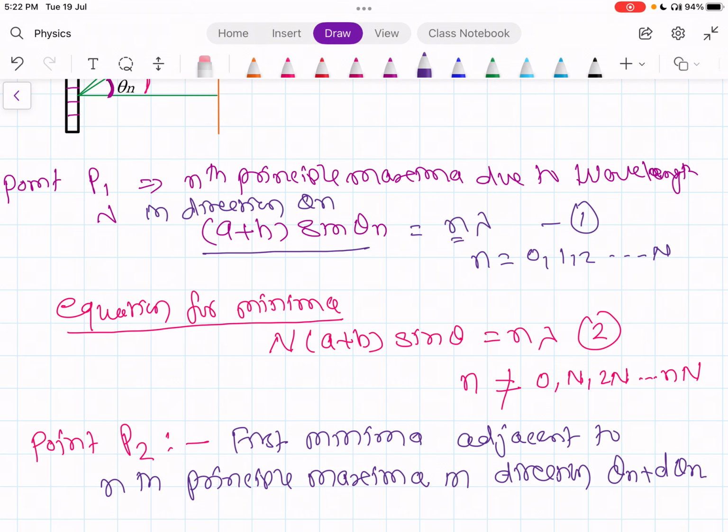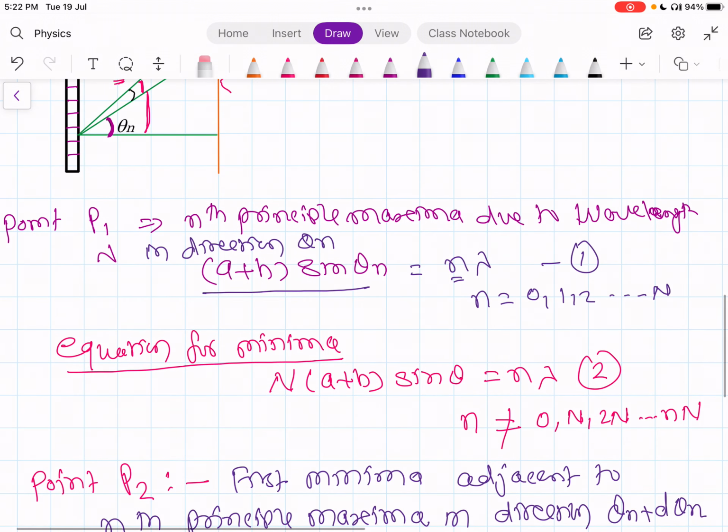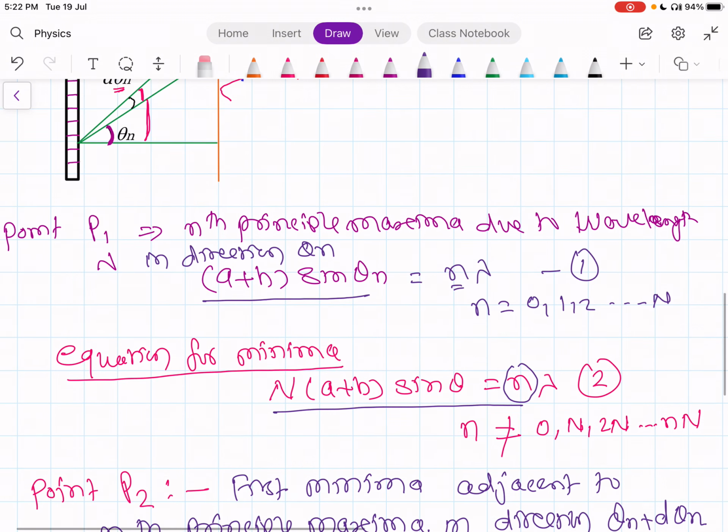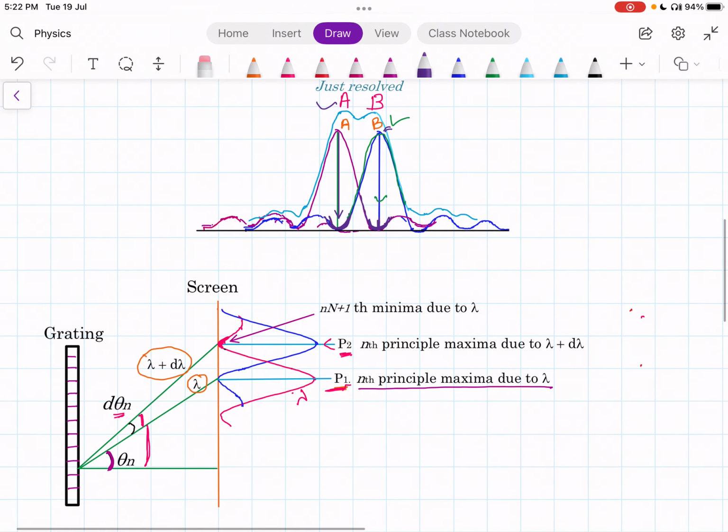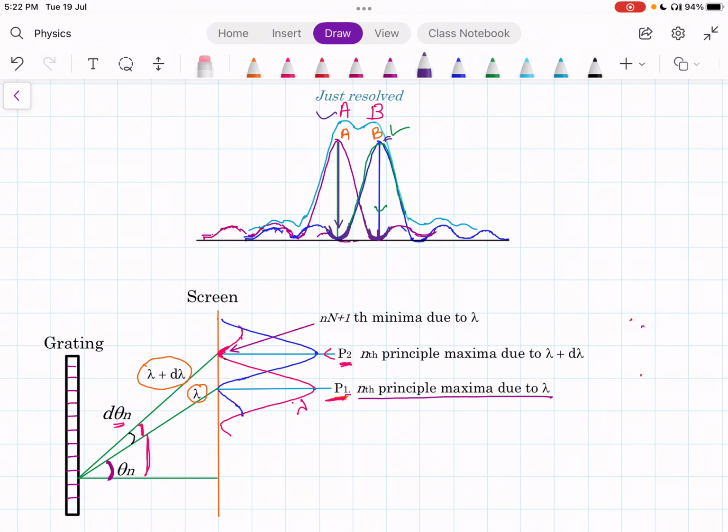Then what will be the value of this n? We know this is the equation for the minima. Then what would be the value of n? Because this minima is adjacent, this minima is due to wavelength lambda, and that is the first minima adjacent to the nth principal maxima due to wavelength lambda.